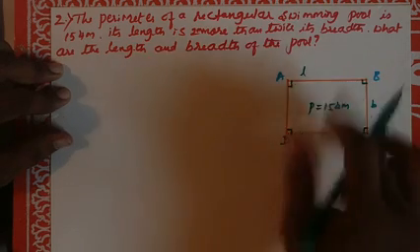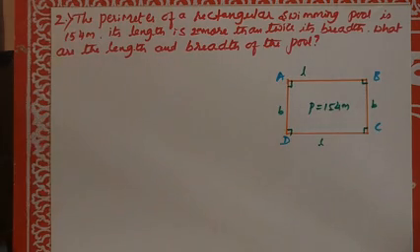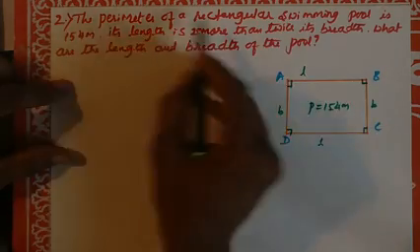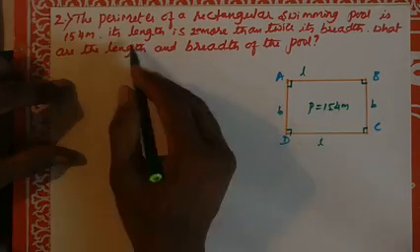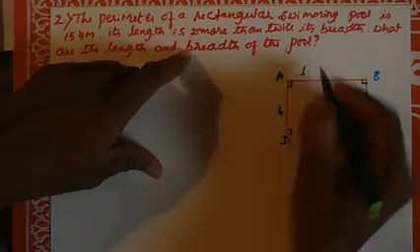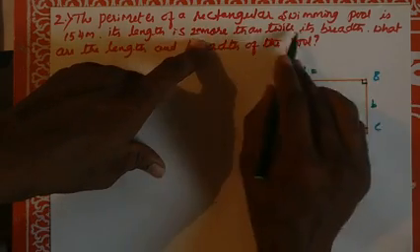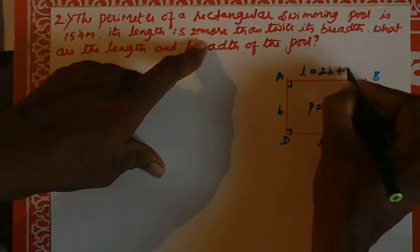In a rectangle, opposite sides are equal. What is it telling? Perimeter of the rectangular swimming pool is 154 meter. The length is 2 meter more than twice its breadth, that is 2b plus 2.